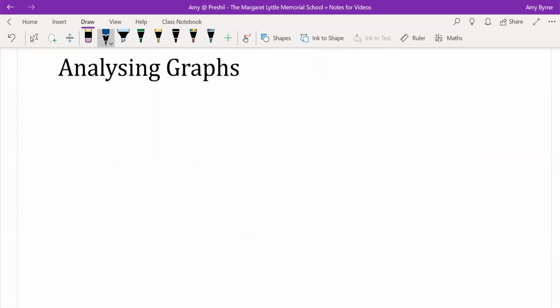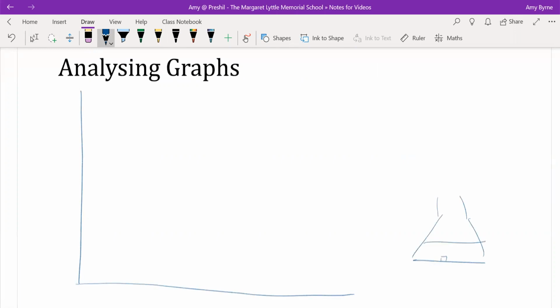So when we analyze graphs, let's say that I've got a conical flask here with solid calcium carbonate and aqueous HCl. Those two form water, calcium chloride, and CO2 gas.